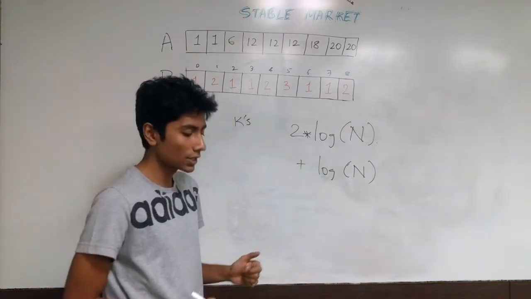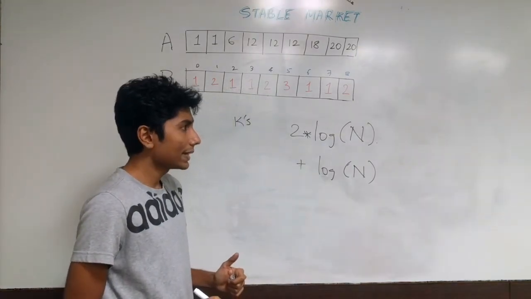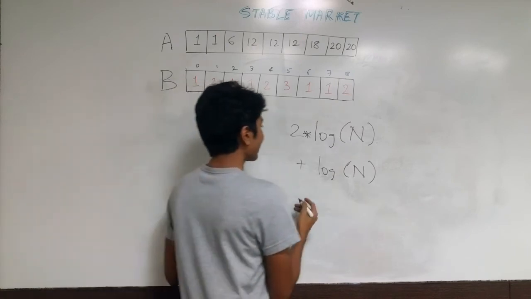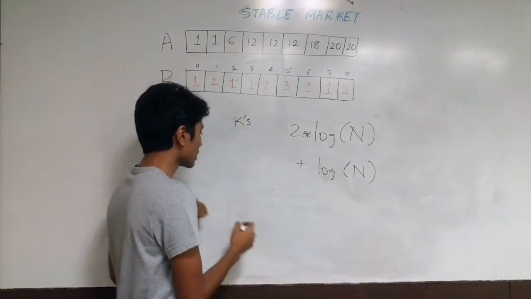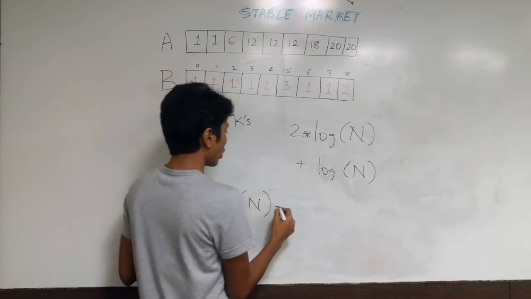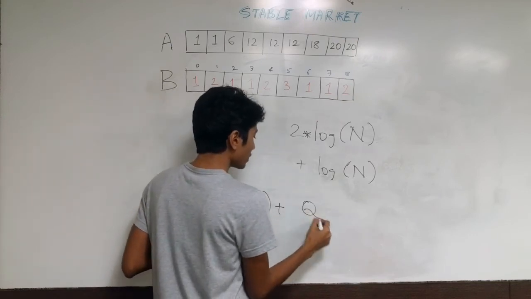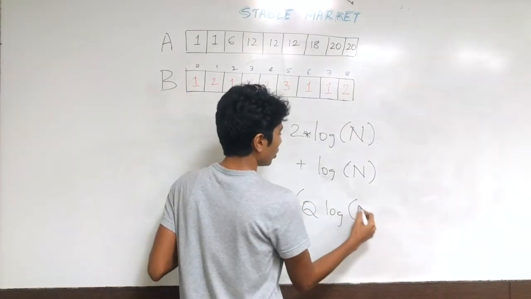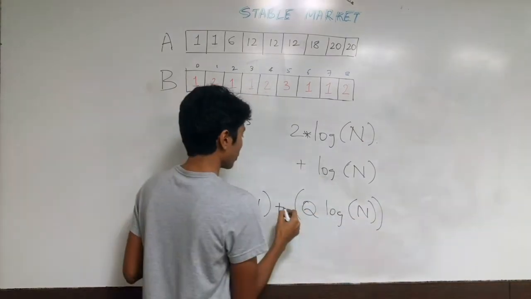It's an addition to this. Is there anything else? No. So nothing else, apart from the pre-processing which comes in at order n cost. So order n plus for every query, you have q into log n as the time complexity.